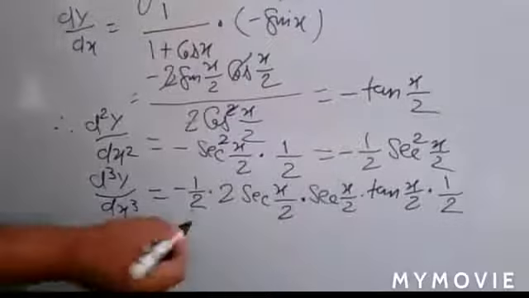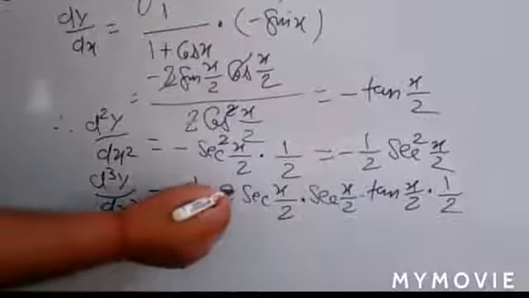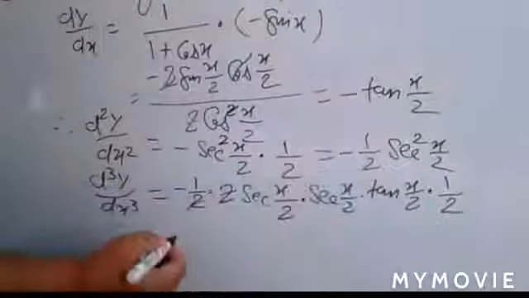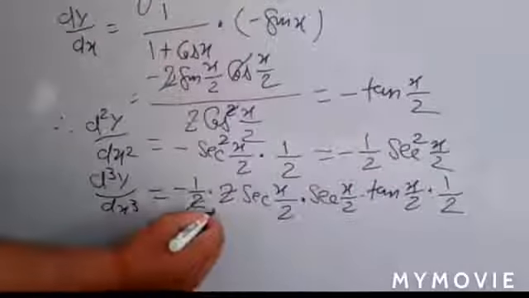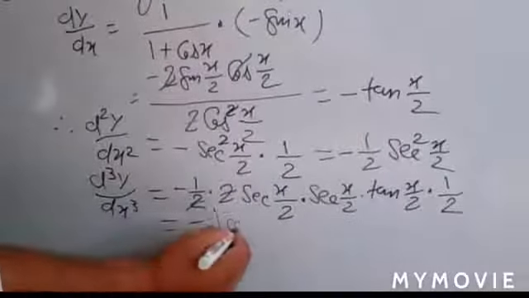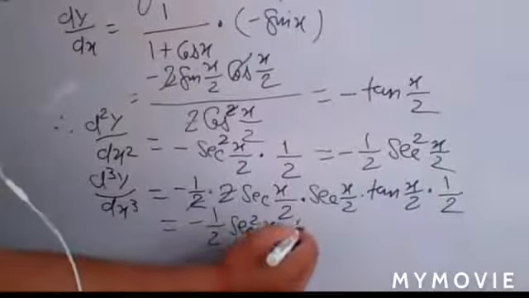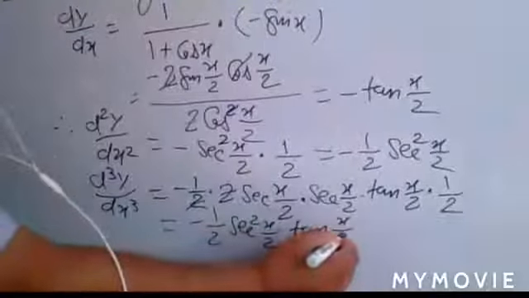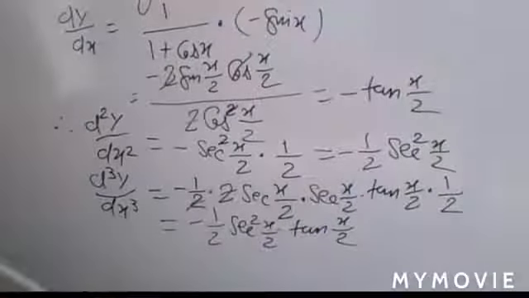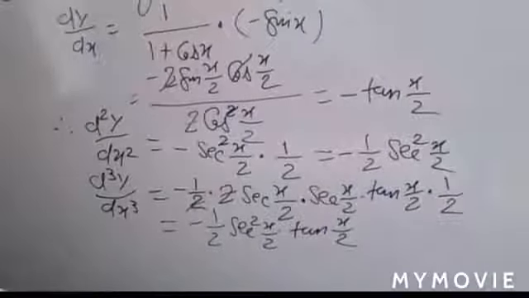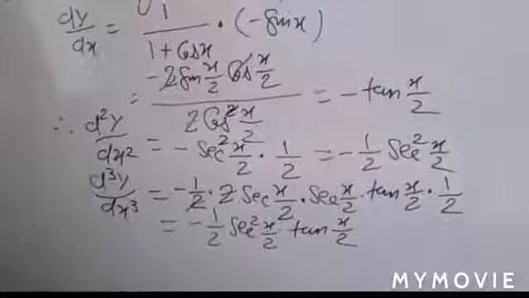Are you all getting this step? Okay, so in this way, this 2 and 2 cancel out. And finally, what you have is minus 1 upon 2 sec square x by 2 into tan x by 2. So that gives the value of the third derivative.